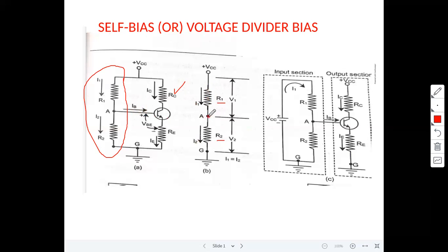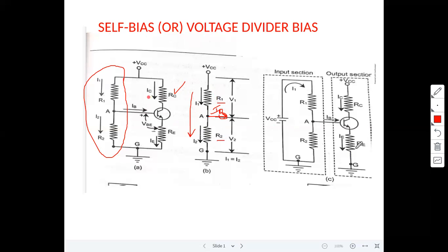If we consider the base current, the current flowing through R1 is I1 and through R2 is I2. If we neglect the base current IB, because IB is small, the same current flows through R1 as well as R2.